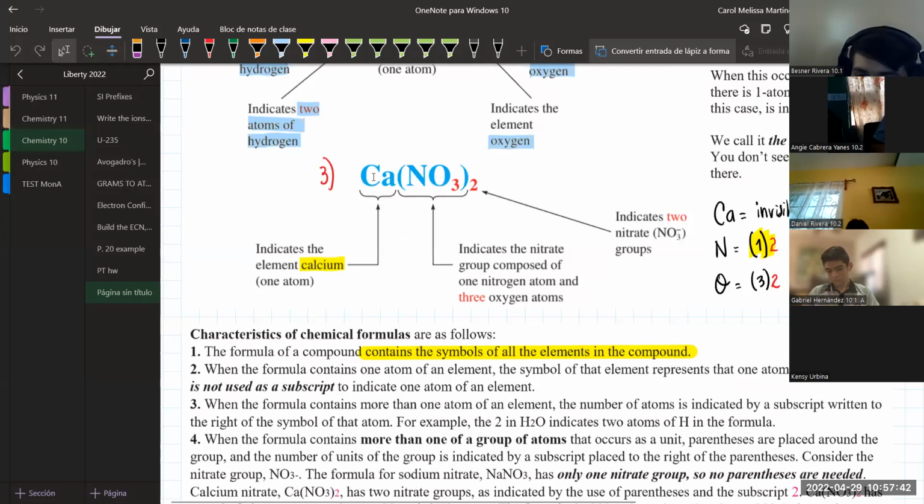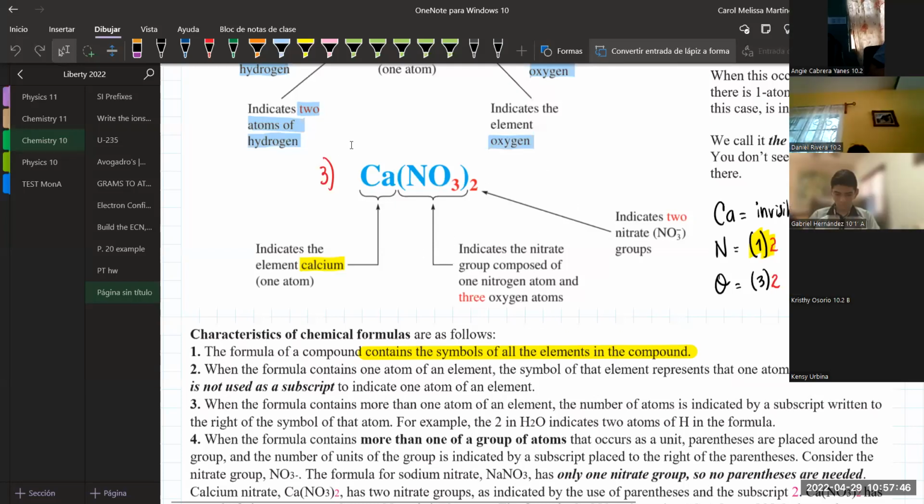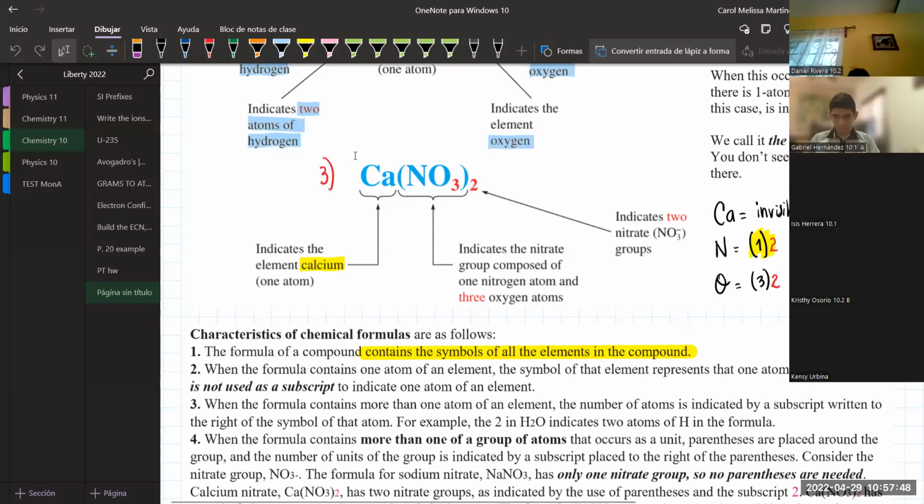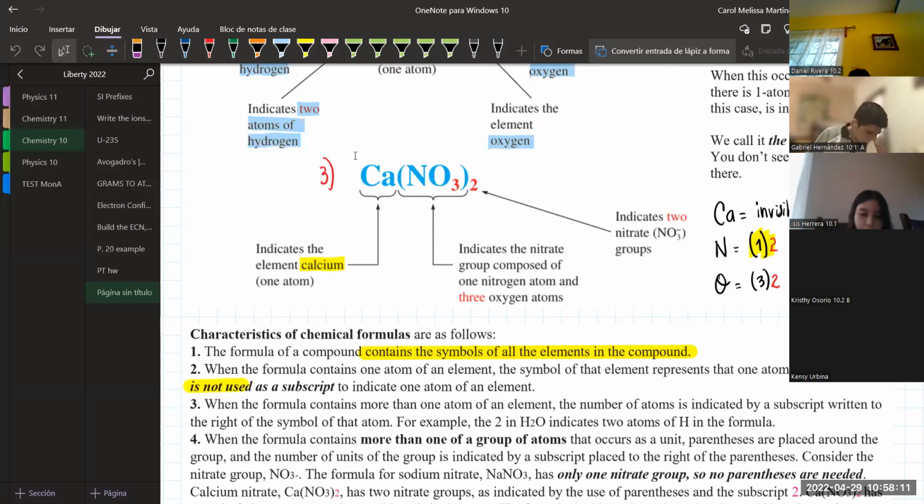This compound is called calcium nitrate. When the formula contains one atom of an element, the symbol of that element represents that one atom. The number 1 is not used as a subscript, as I've been telling you. If you have only one atom, you're not going to write it, because it is invisible.